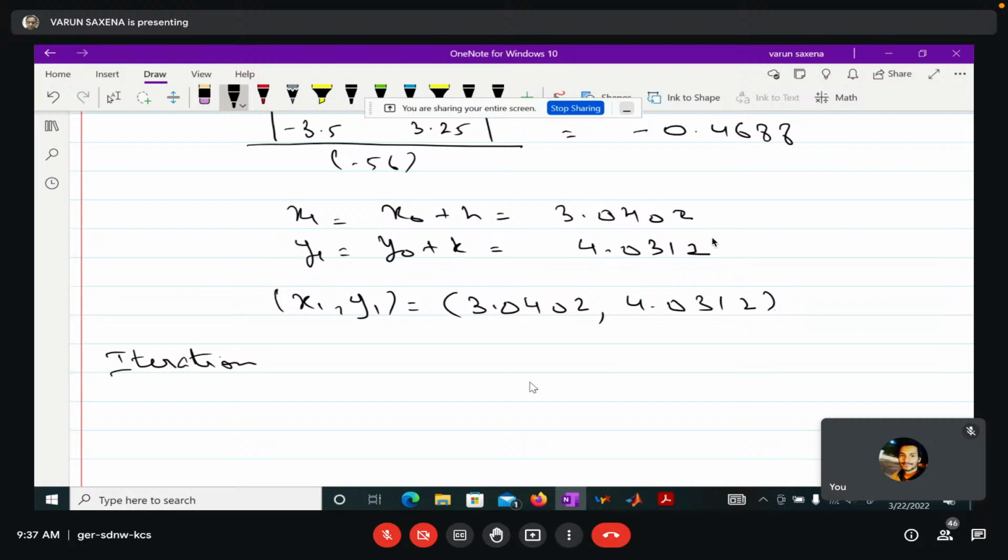So when will you stop? When x1, y1 is some pair, and your x2, y2 is also some pair which has a similar number of decimal places, you just stop there.